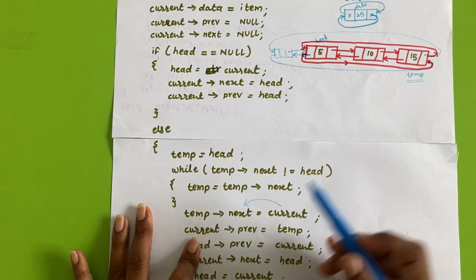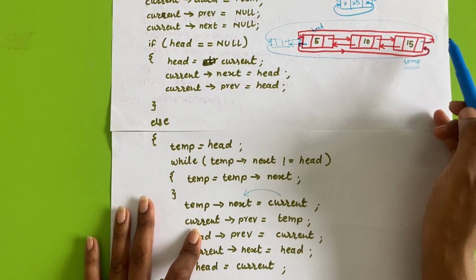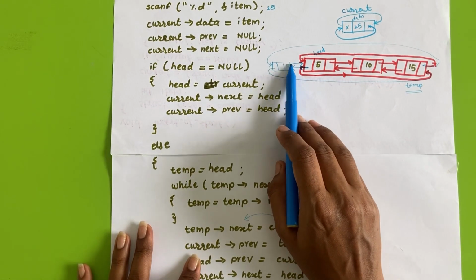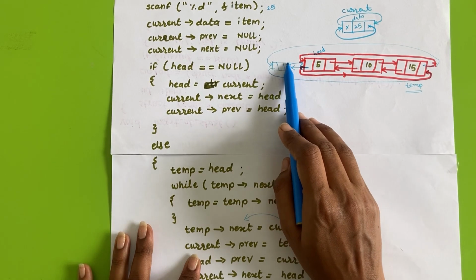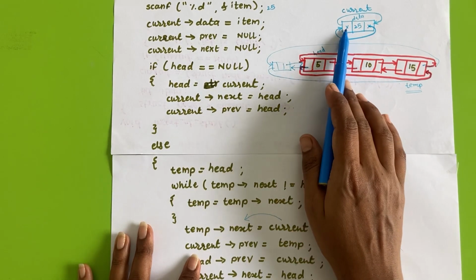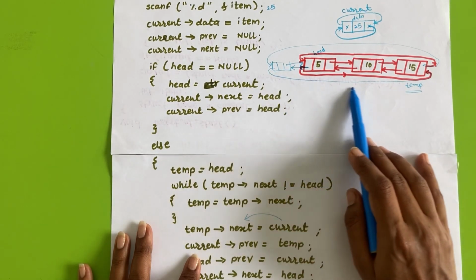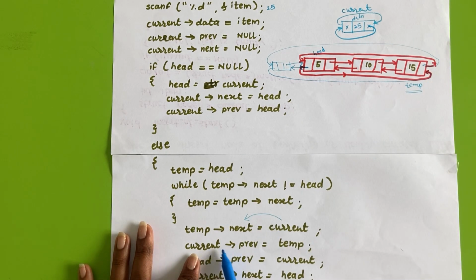Okay, now we have made one assignment. Okay, now the next assignment will be current tends to previous. So the previous pointer field of this new node that we have created will point to this temporary node. Okay, so current tends to previous is equal to temporary node.